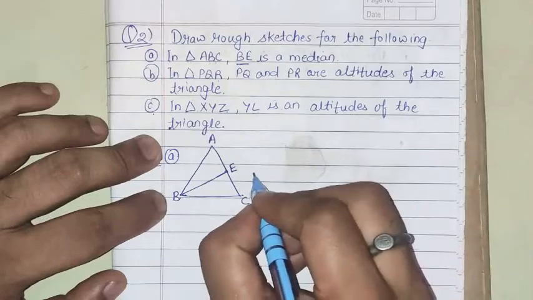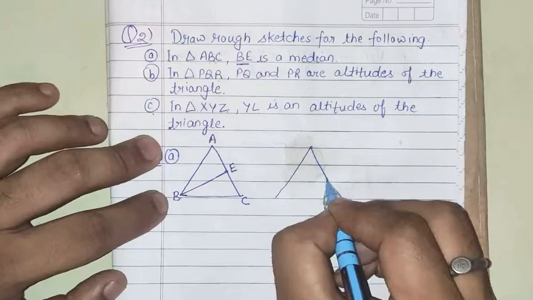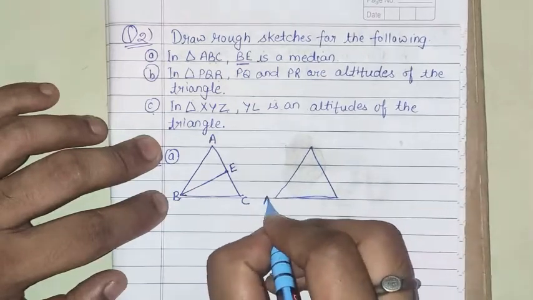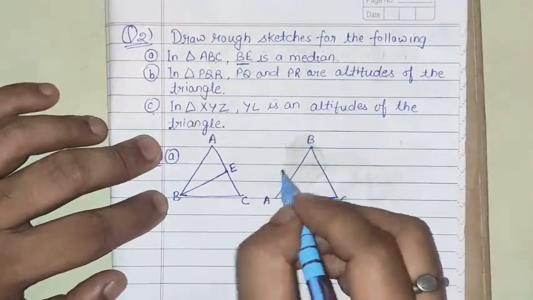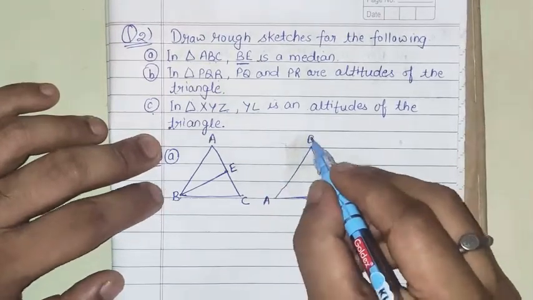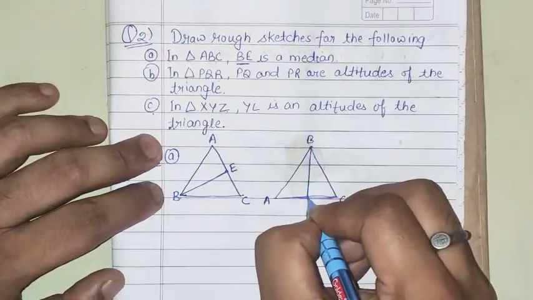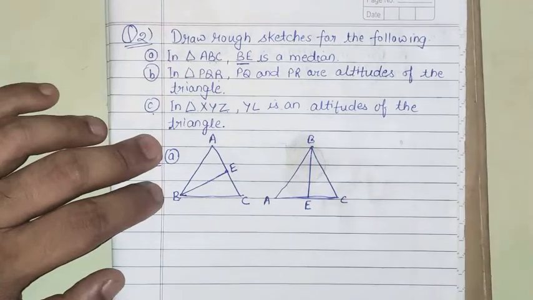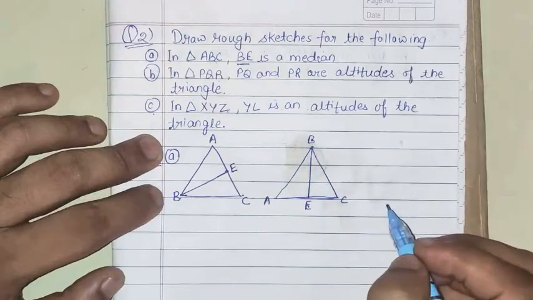You can also make it in this way: triangle ABC, from vertex B to the opposite side. Here E is a midpoint, so BE is also a median.